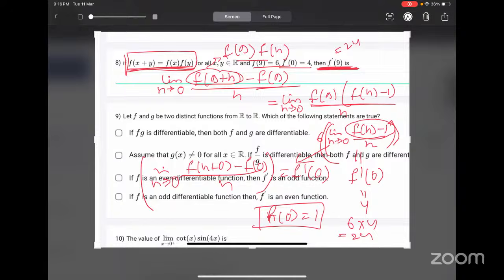Otherwise, if I get any finite number by 0, the limit will not be defined. But we know that the limit is defined, so the numerator is forced to be 0 here. Is it clear? Yes, ma'am, understood. Okay, so clear for all of you, or if anyone has any doubt, you can ask.